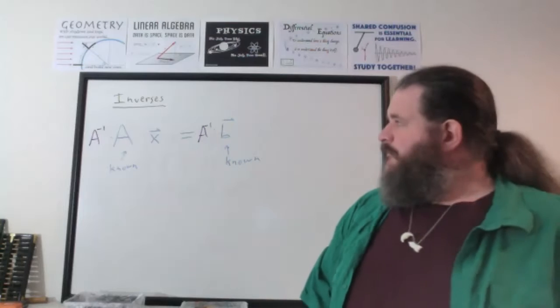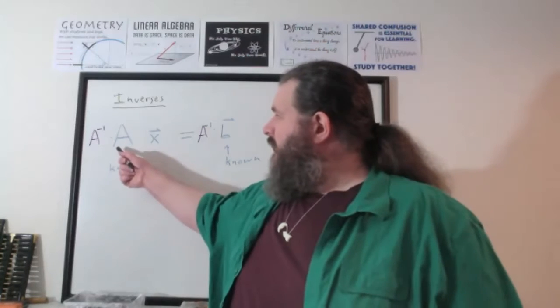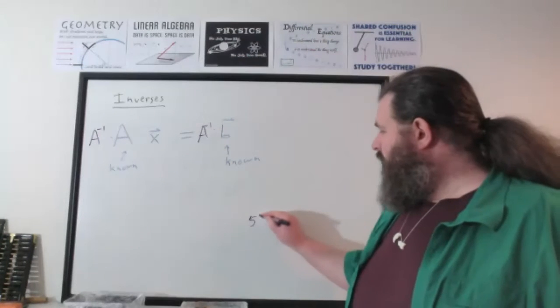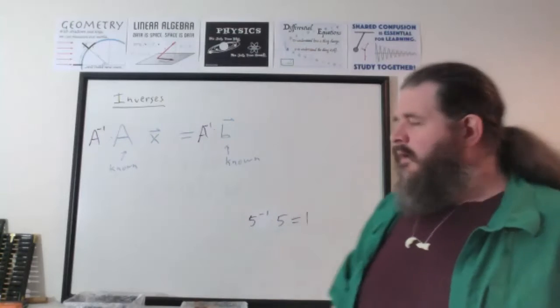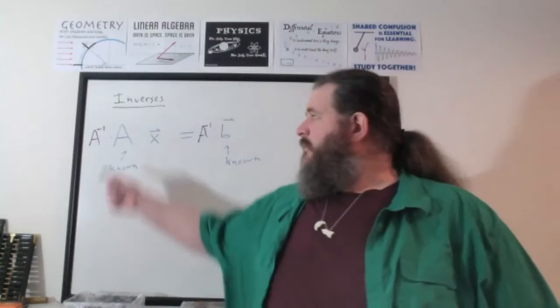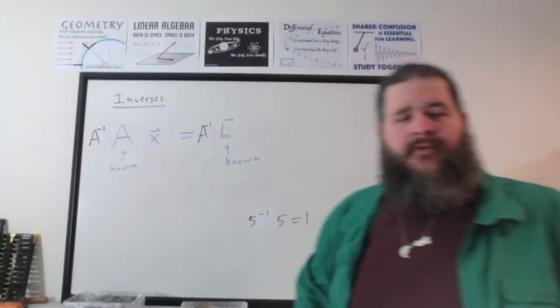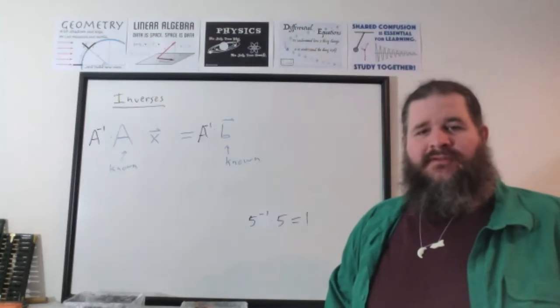In that case, the whole point of this is just like 5 inverse times 5 equals just the number 1. What would you expect to happen if we multiply A inverse times A for any meaningful definition of the word inverse?